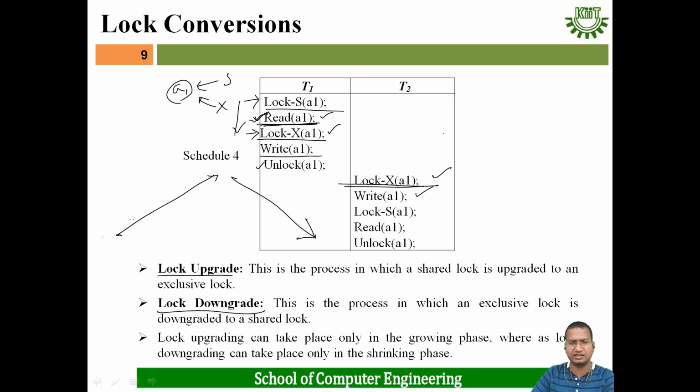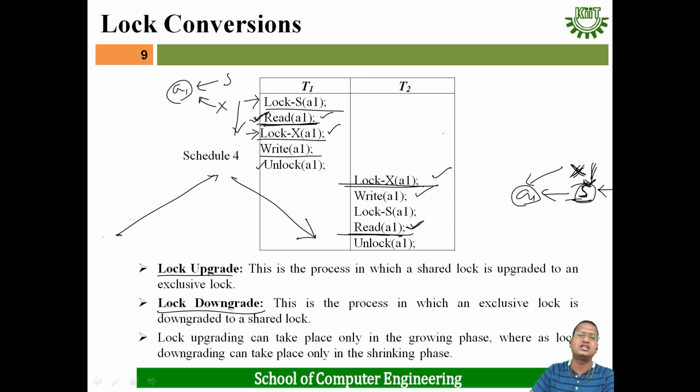No problem. After that, suppose it has to do read operations in some places, then it has to change that lock. Whenever it wants to only read that item, it will change the exclusive lock to a shared lock. Why will it downgrade the lock? Because at that same time, suppose other transactions want to read the data item, if it holds a shared lock, then other transactions can also apply a shared lock on the data item.